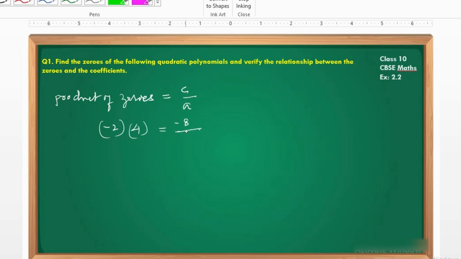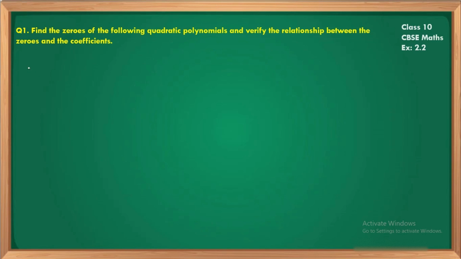Divided by a. a is 1. Minus 2 into 4 gives you minus 8. And in the RHS you have minus 8. So LHS is equal to RHS. We have verified both product of zeros and sum of zeros. They are right. Second question.